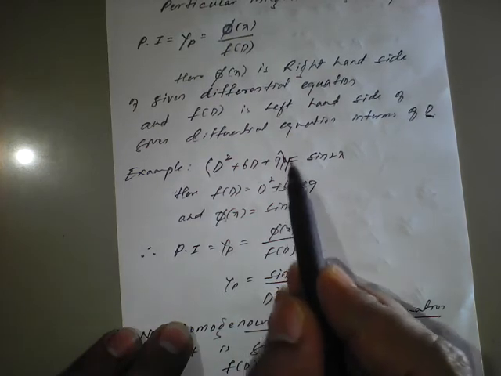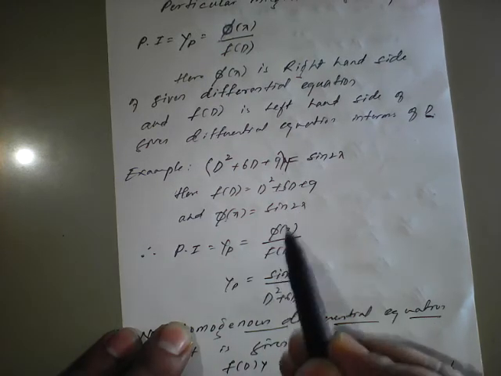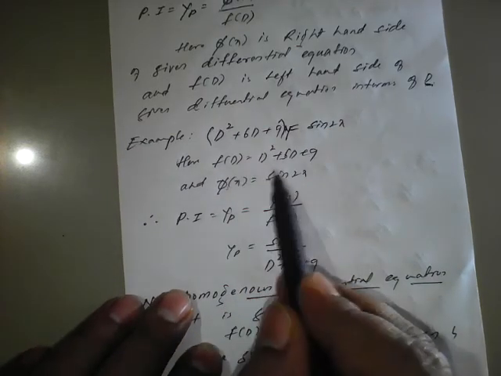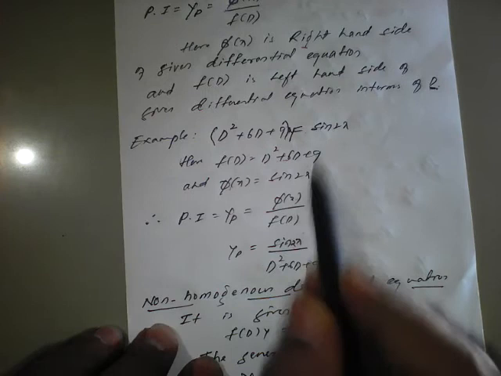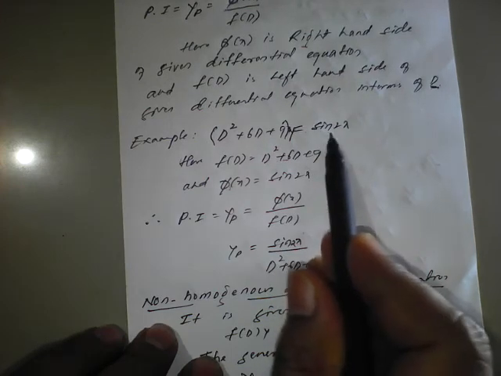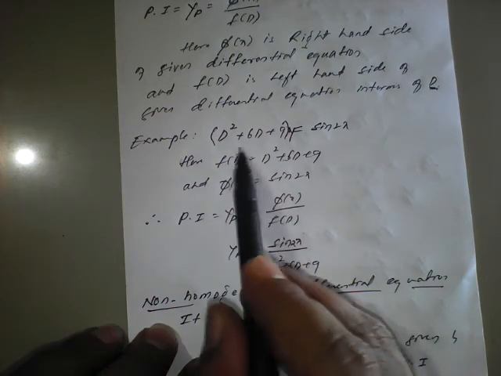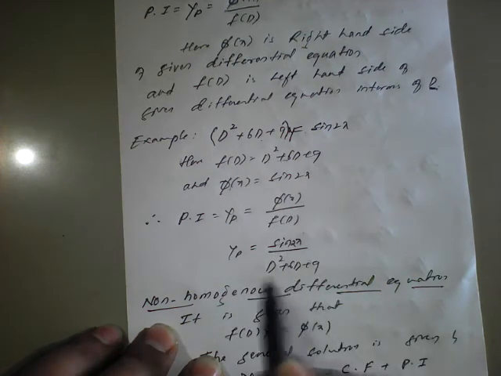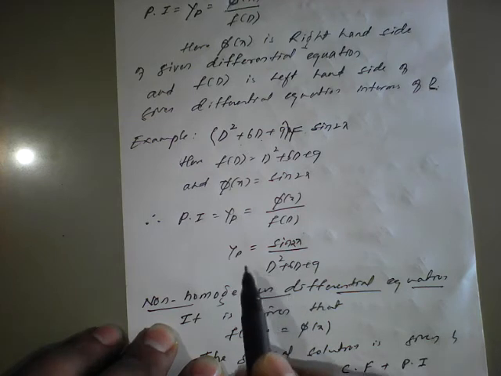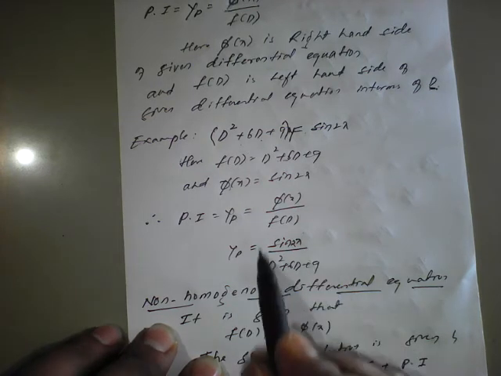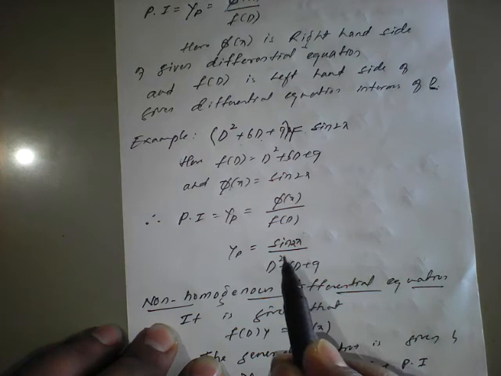So now we have y, therefore yp is equal to phi of x upon f of D. According to this question, phi of x is the right hand side, that is sin 2x, upon f of D, the left hand side, that is D square plus 6D plus 9. Like that we first write yp, then we simplify these results.